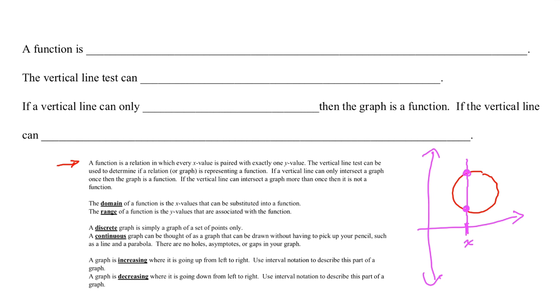Now, the test that you can do to determine if a relation is going to be a function or not is called your vertical line test. And so if you can draw a vertical line and make it cross your graph more than once, then your graph is not a function.